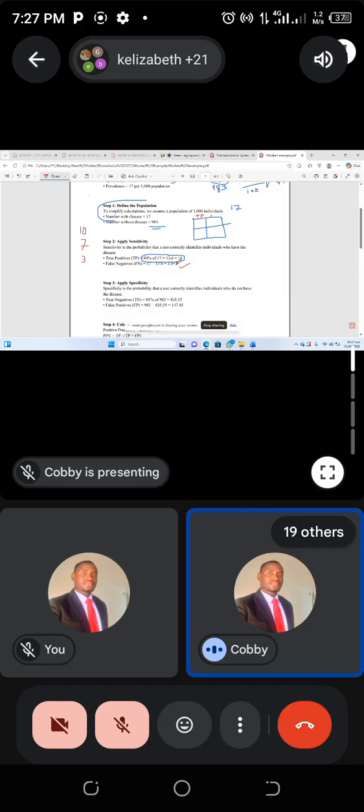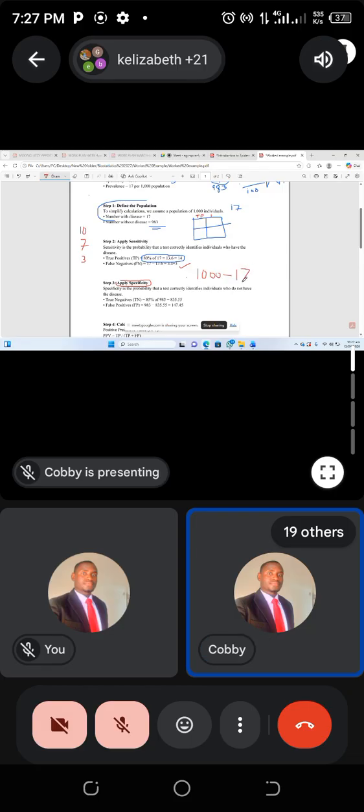So now we'll go back. We now want to apply the specificity to this scenario. So we have 1,000 people, and we remove 17 who have the disease.